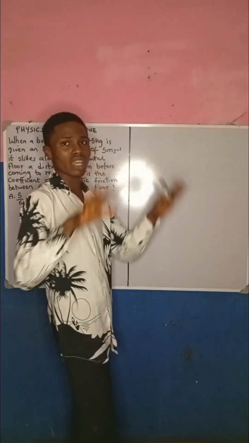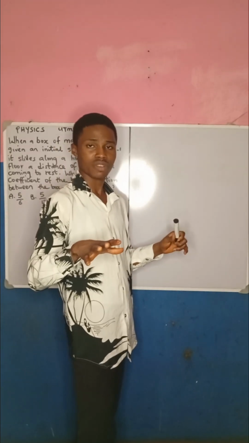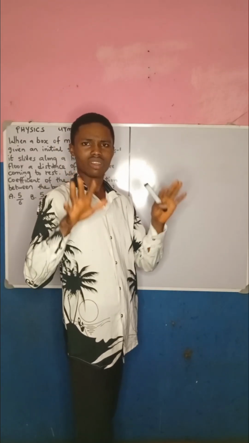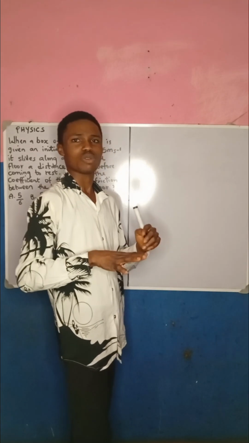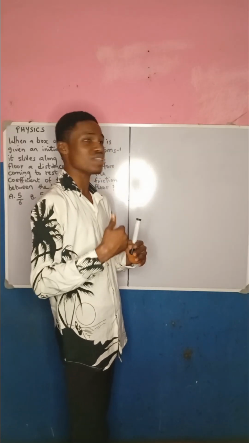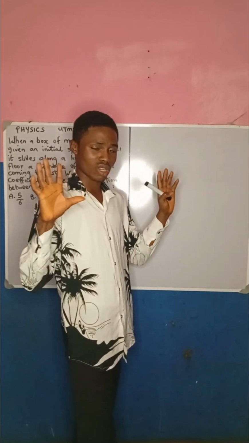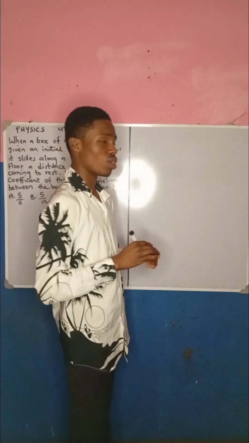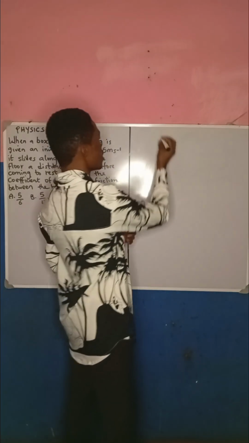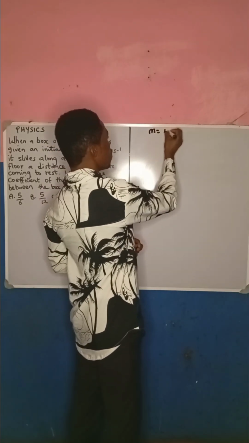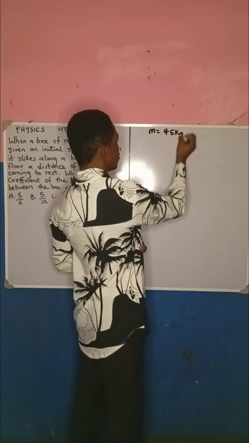Now first, you have to bring out your parameters, right? Very good, that's the first thing you have to do. Write down the parameters so that it will be a guide for you to remember the particular formula to use. Alright, now we have our mass M to be 45 kg.